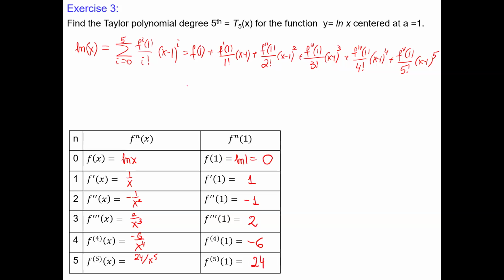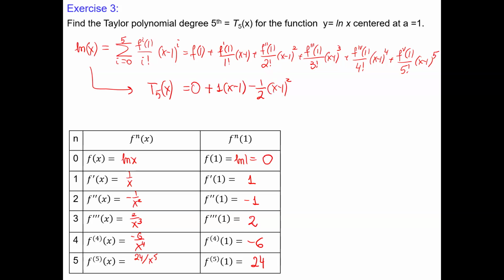Let's take these values and substitute. The fifth degree Taylor polynomial for natural log of x is 0, plus 1 times x minus 1, plus the second derivative, negative 1, over 2 factorial.